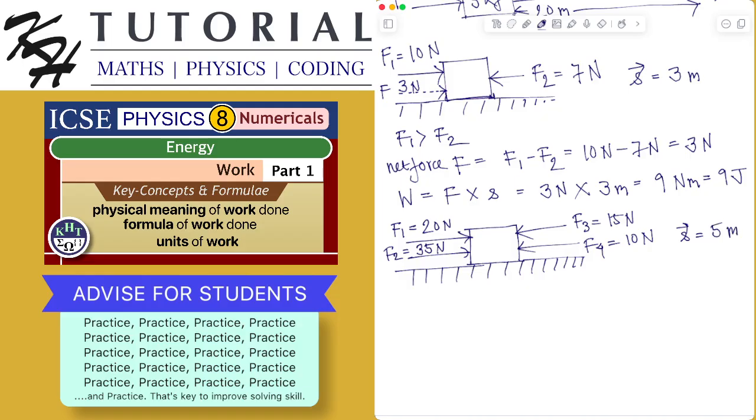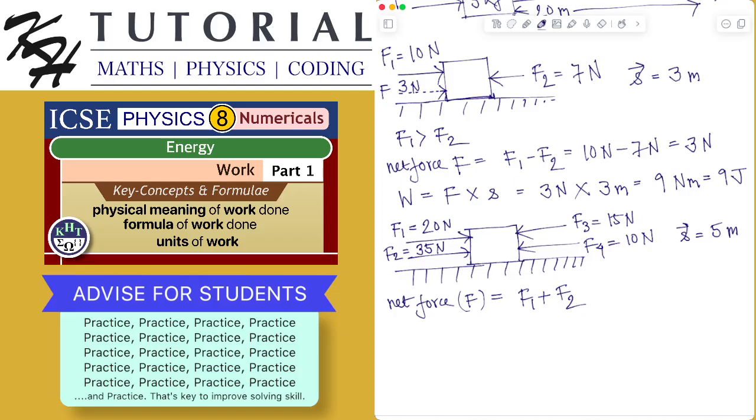Clearly, first I have to find the net force. Since I can clearly see that F1 plus F2 is greater than F3 plus F4, the net force will be F1 plus F2 minus F3 plus F4. F1 plus F2 is the net force acting on the body from the left hand side, and F3 plus F4 is the net force acting from the right hand side.